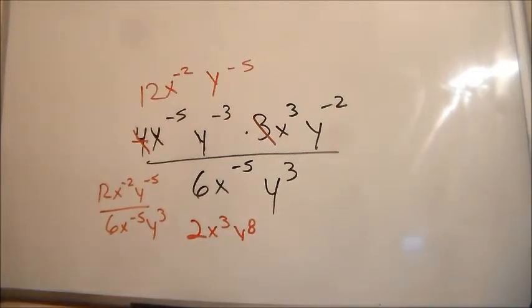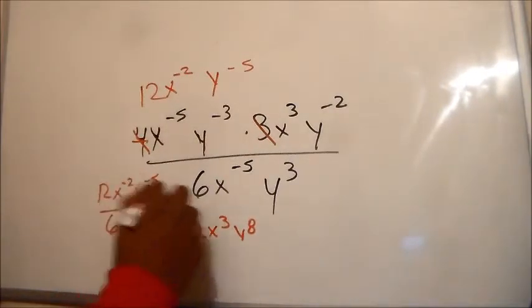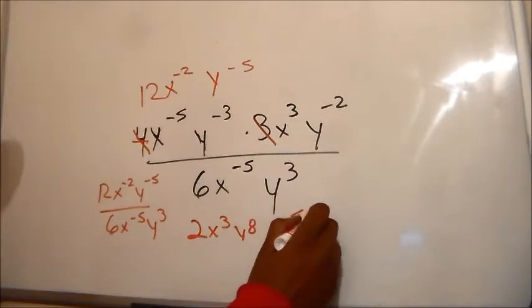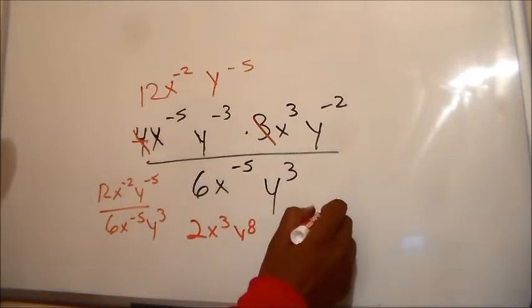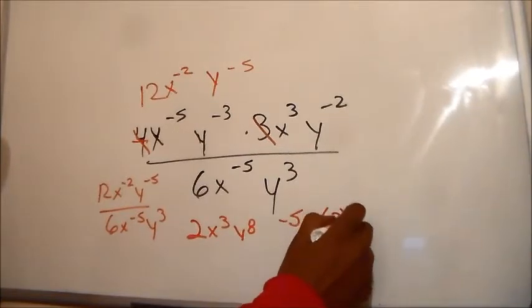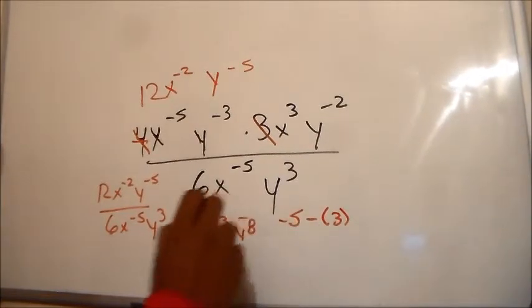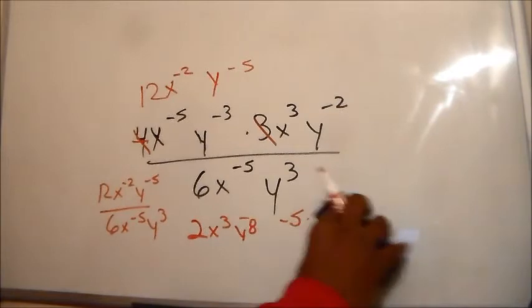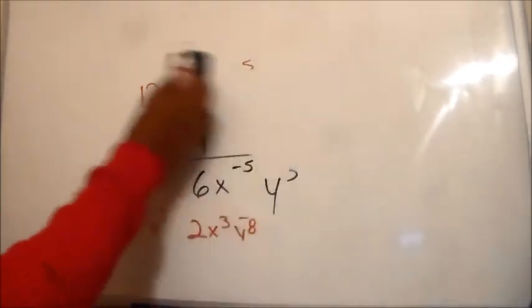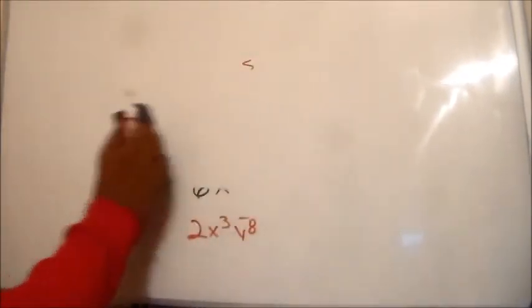I just have to double check. Yes, I did. I know what I did wrong. The y's. This will be negative 5 minus 3, so that's a negative 8. My bad. Okay, so when we get all this done, this is what we wind up with.